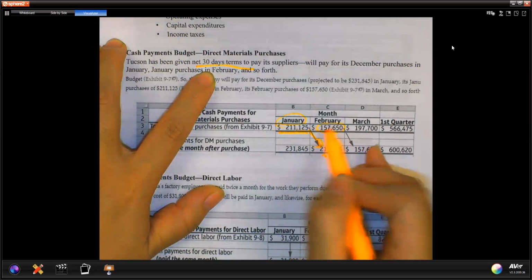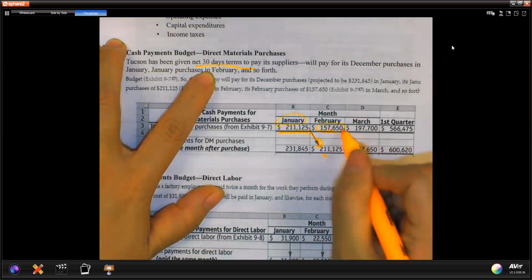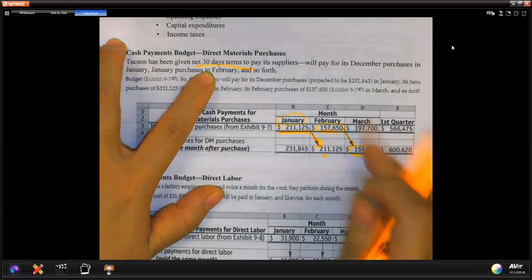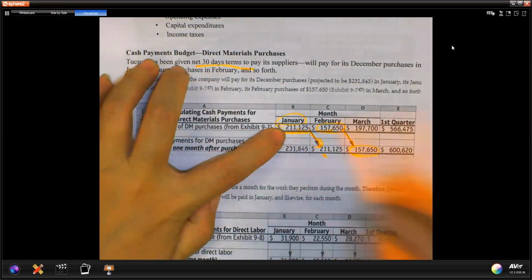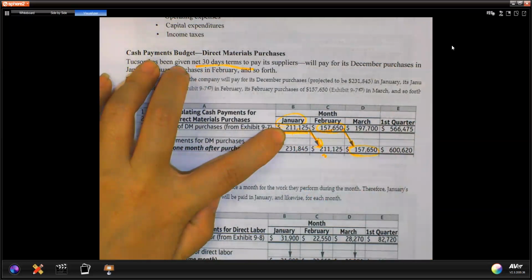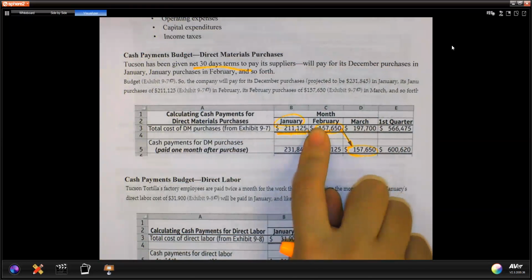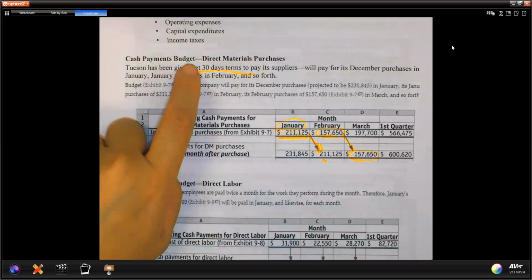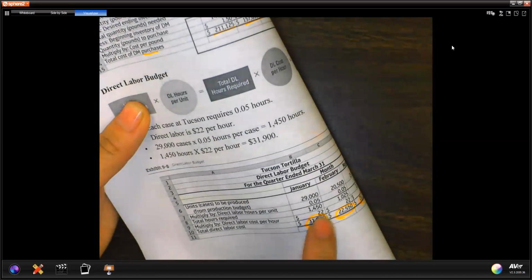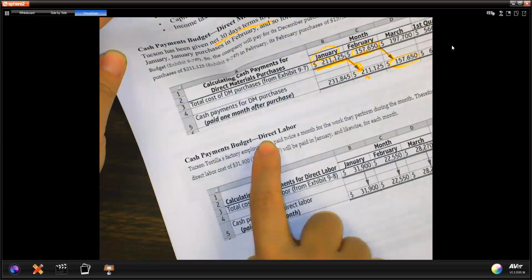February we got the material first, but we don't pay until March. So you link your direct material budget to your direct material purchase in the cash payment budget. You link your direct labor budget to the cash payment of direct labor.